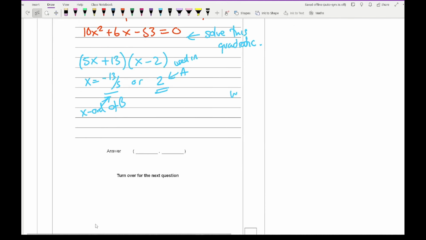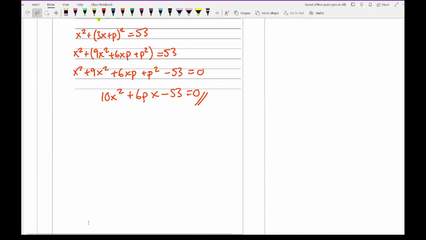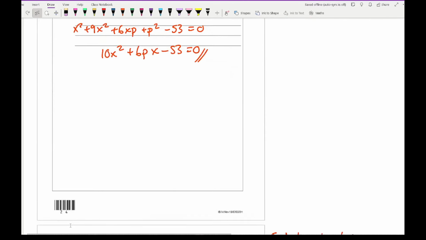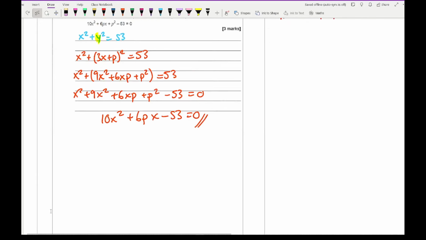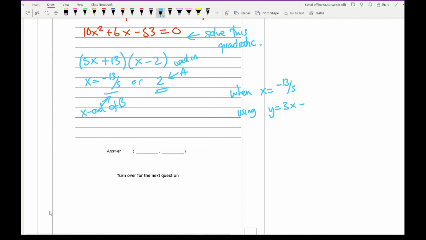So when x equals minus 13 over 5, I've got the equation y = 3x + p, which is 3x + 1. So then substituting x, y equals 3 lots of minus 13 over 5, plus 1.